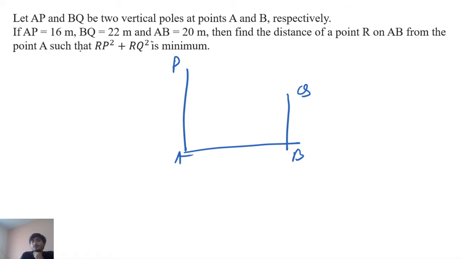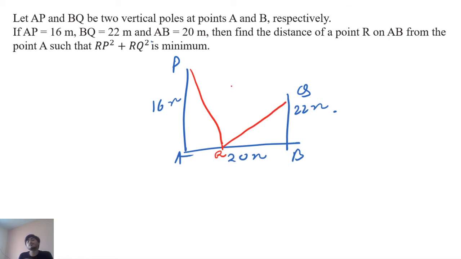If AP is equal to 16 meter and BQ is equal to 22 meter, and AB is equal to 20 meter, then find the distance of a point R on AB such that RP square plus RQ square is minimum.